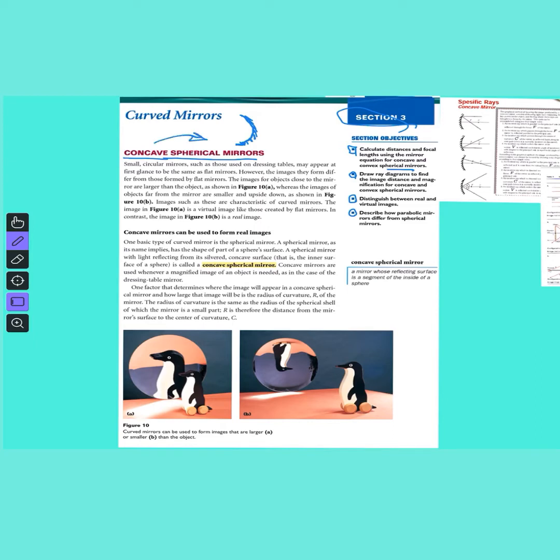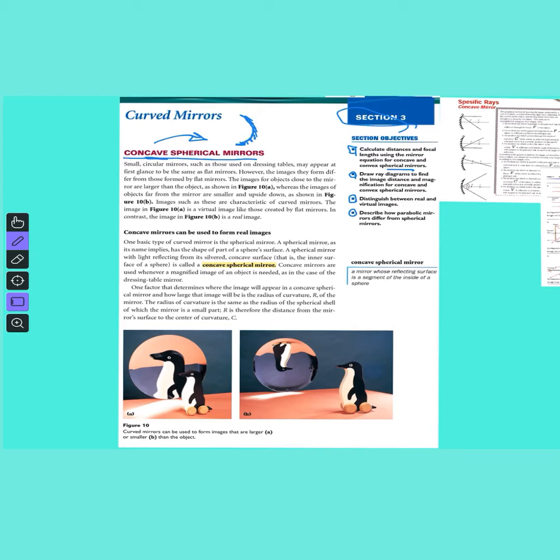Think of a cave, what does it mean? A cave is inward, that's why we call it a concave spherical mirror. So it means the inward side of the spoon. We call it concave mirror. That's the first one.